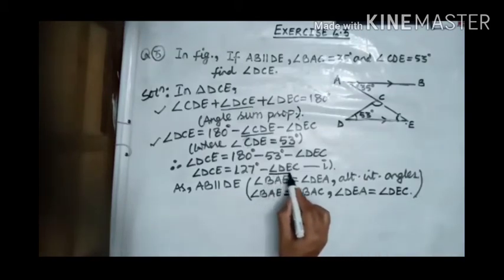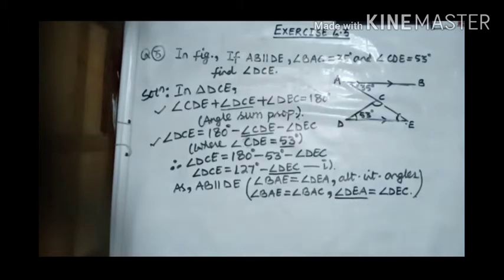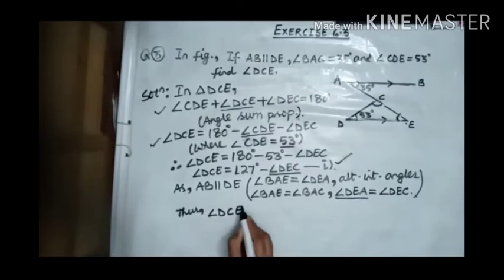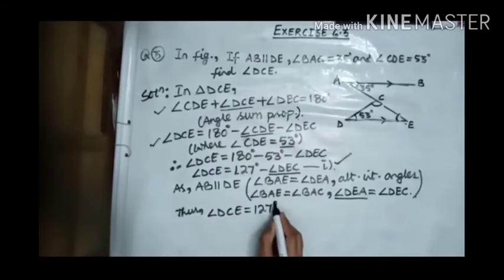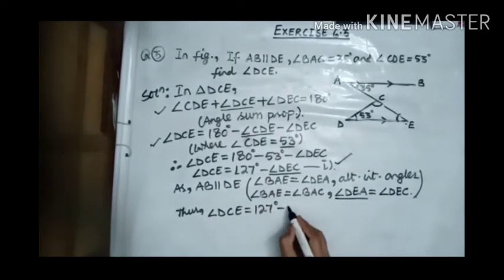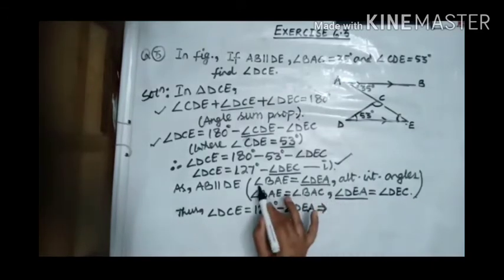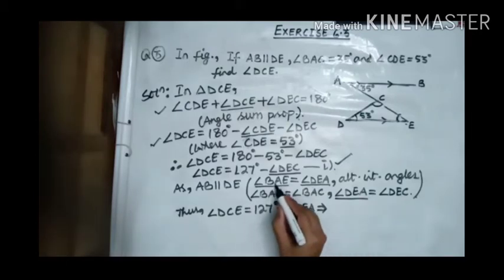Let's use this angle DEC as equal to angle DEA. Therefore, equation first becomes angle DCE equals 127 degrees, and in place of DEC we use angle DEA. And you got to know earlier that angle DEA equals angle BAE. Therefore, in place of DEA we use BAE.